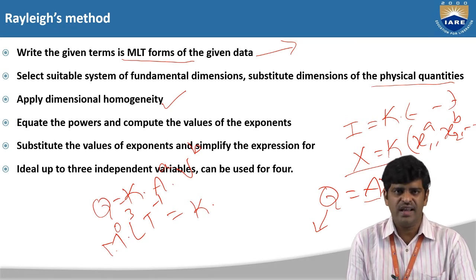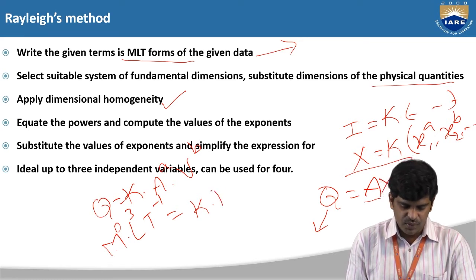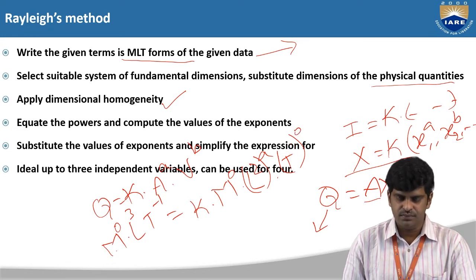Of course, pi by 4 doesn't have any dimensional parameter, and d we can express as L. So I can write down like M to the power of 0, then L square, whole to the power of a, and as well as again T to the power of 0, and again whole to the power of a. That's all.